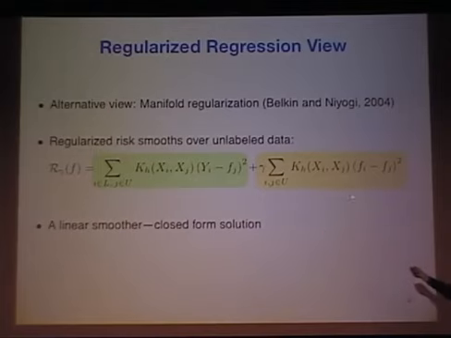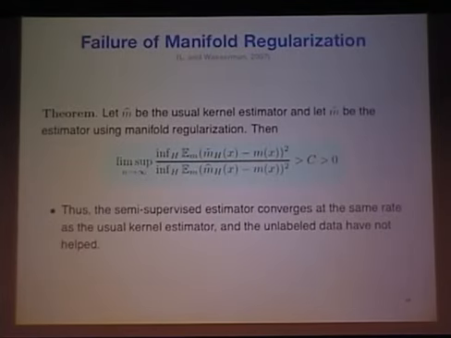That's why it's called manifold regularization. This is essentially the same thing as we use in the methods that I described with Jerry. The examples that I gave are essentially using this estimator. But the theorem is that this doesn't give faster rates of convergence.